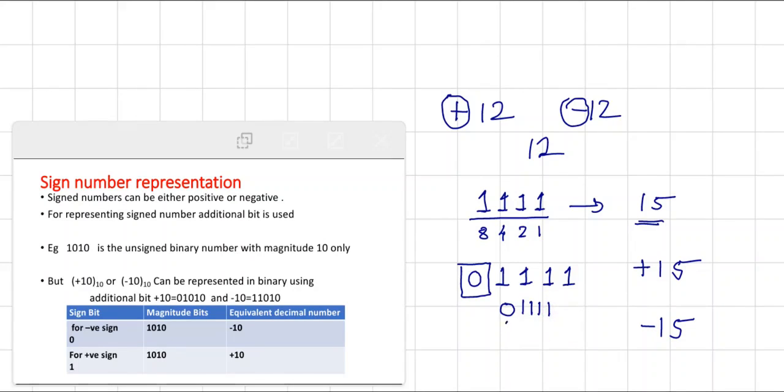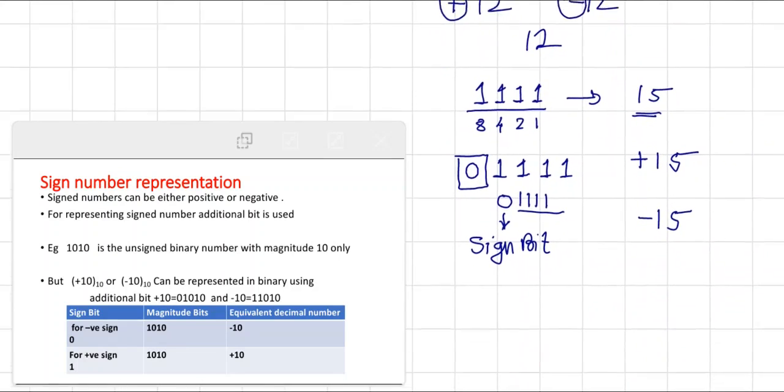Remember that the leftmost bit is the sign bit, and the remaining bits are the magnitude. If the number starts with 0, and 0 is the sign bit, then the remaining magnitude is treated as positive.